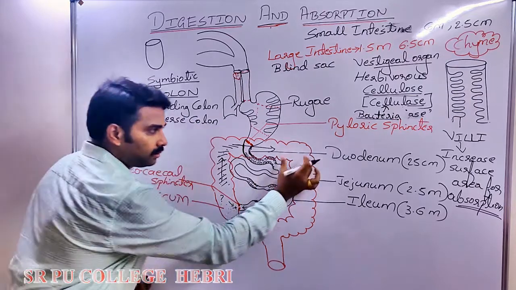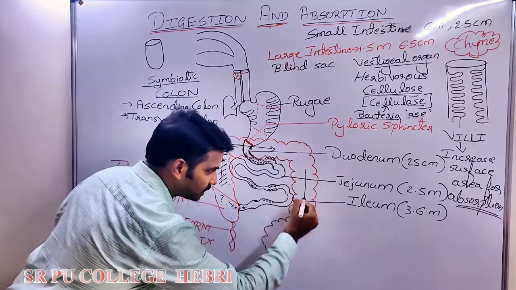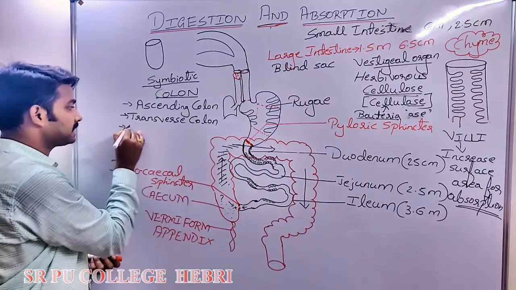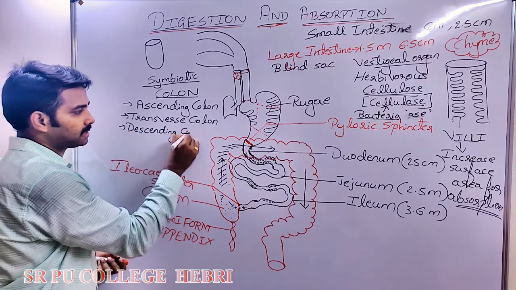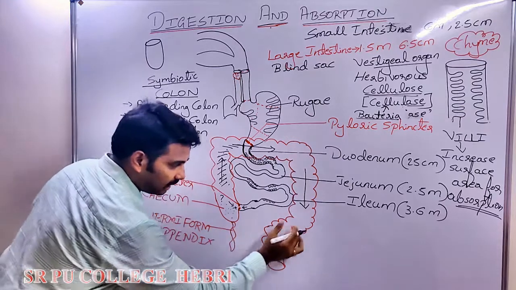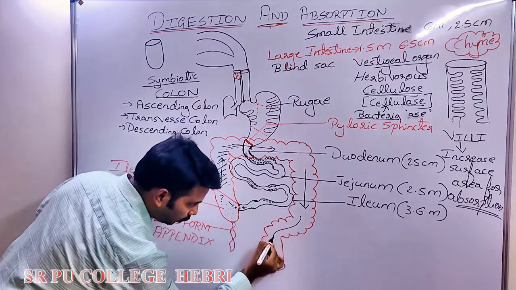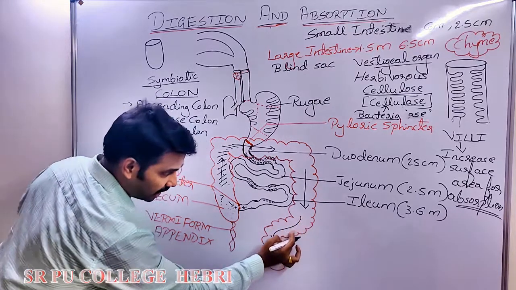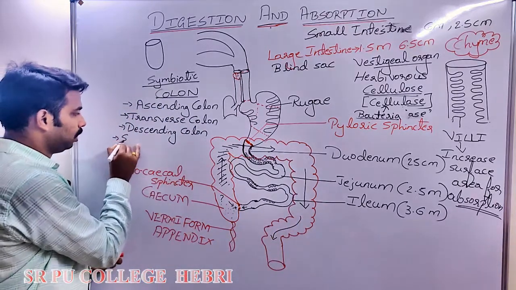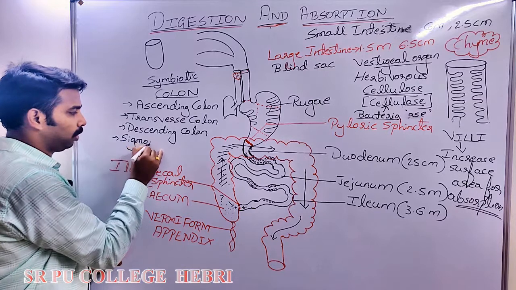Note down. This region of the colon is called descending colon. And the last part of the colon, which is S-shaped, sigmoid, that's why it is called sigmoid colon.